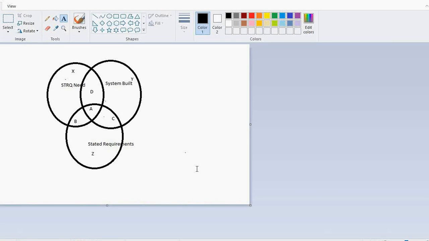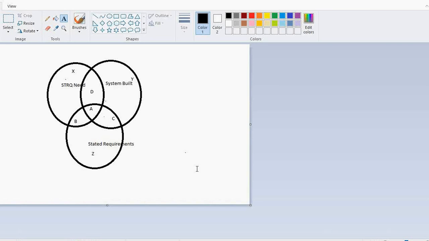So let me explain the A part first, and then we'll go to the other parts. Now that's been stated, and when these requirements have been signed off, those stated requirements are being built by the developers, the system build. That's what is being built within A. So stakeholders asked also for B and D, right?